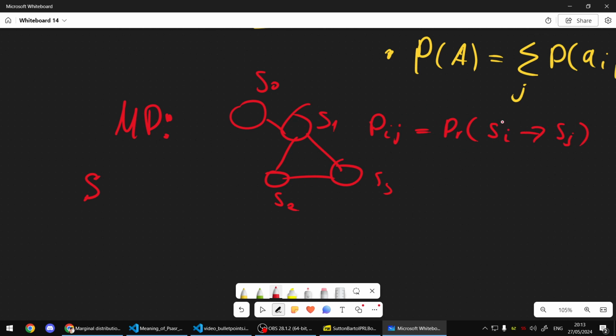And it's a matrix, of course. If we have n nodes and states, then it will be an n times n matrix.